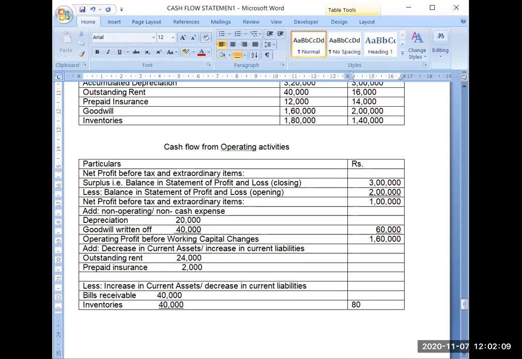Now 80,000 I have to subtract and I have to add 26,000. So 1,60,000 plus 26,000 will become 1,86,000.